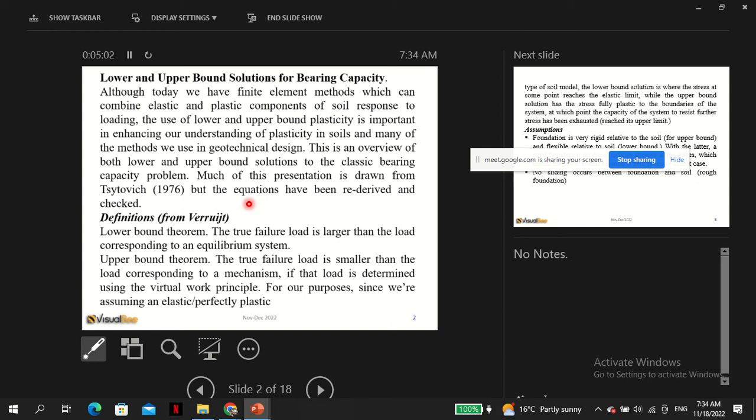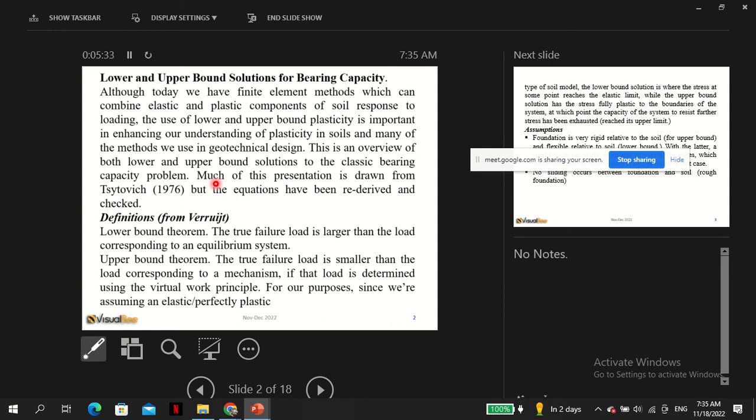This is an overview of both lower and upper bound solutions to classic bearing capacity problems. And much of this presentation we are relying on references.